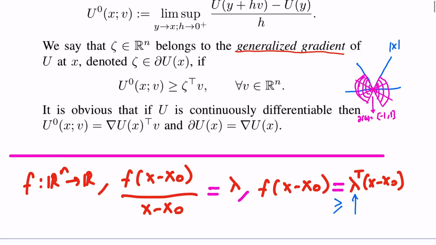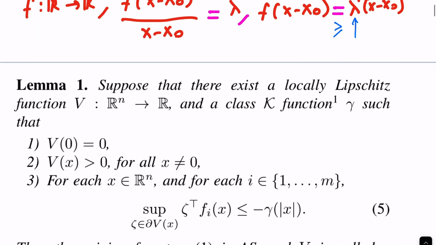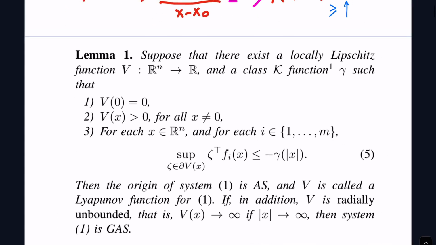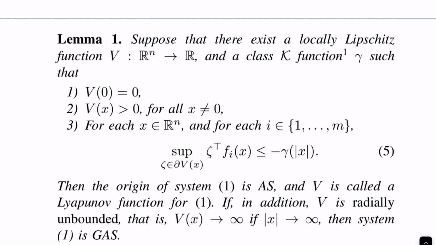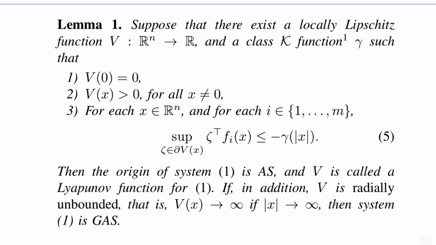All right, so let's look at the lemma. Suppose that there exists a locally Lipschitz function. Again, instead of saying continuously differentiable or something, now we are looking at a more general case. Here in this case we have a locally Lipschitz function and a class K function.